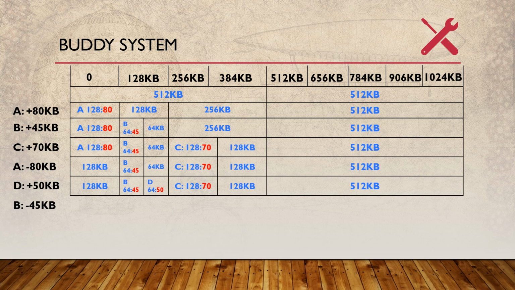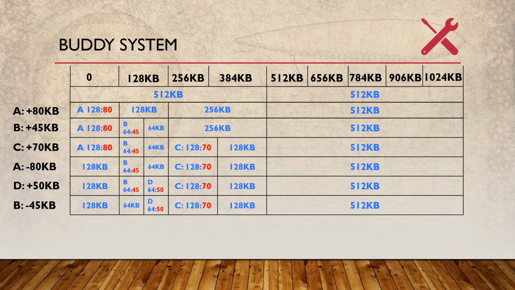Again, this is a release, so again I would like to find the part where memory B is allocated, and now I would like to release it to 64 KB.